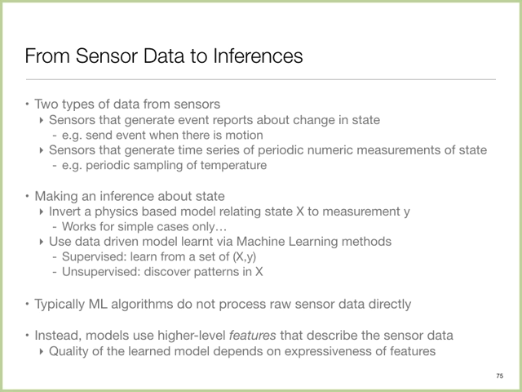So typically ML algorithms do not process the raw sensor data, although increasingly it is beginning to happen. When I say typically, it's because we operate at the level of features, but what has also begun to happen is that people are showing that doing these systems end to end, raw data all the way to the inference in one shot, works better in many cases.